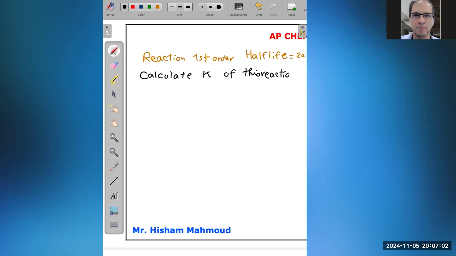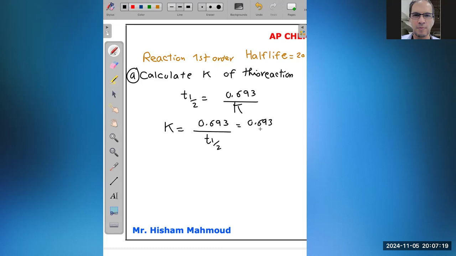What is the equation you told me to use? We said t half equals 0.693 over k. So what is k? 0.693 over t half. And t half equals 20 minutes. 0.693 over 20 is equal to 3.47 times 10 to the power of negative 2 minute to the power of negative 1. That's it.